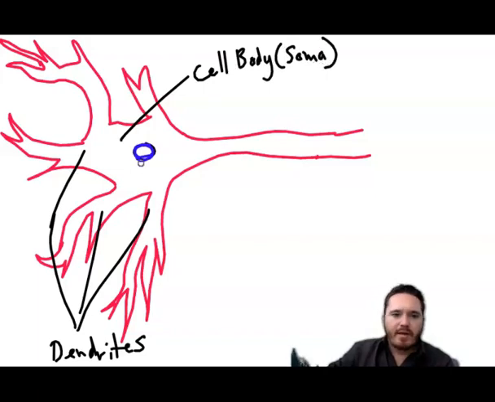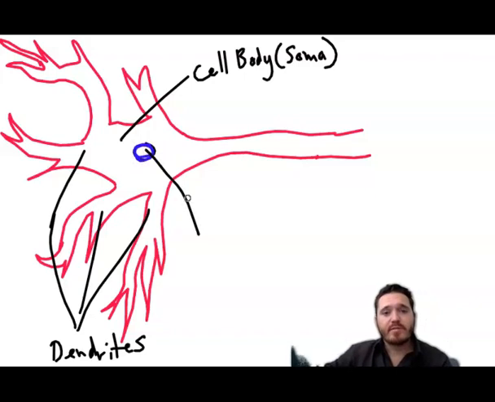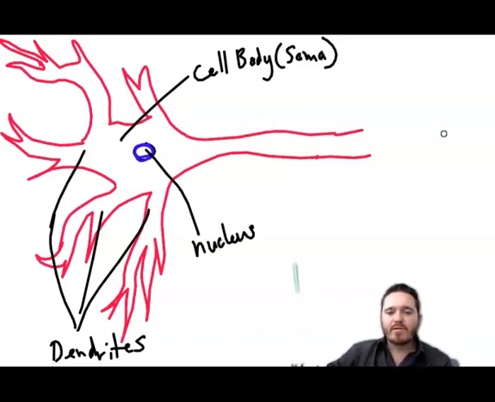Okay, and then that circular thing, since this is a cell, this is just a very specialized type of cell, that's why it looks a lot different. This is the nucleus. Along here, the longer part that transmits the signal, the electrical impulse, is called the axon.